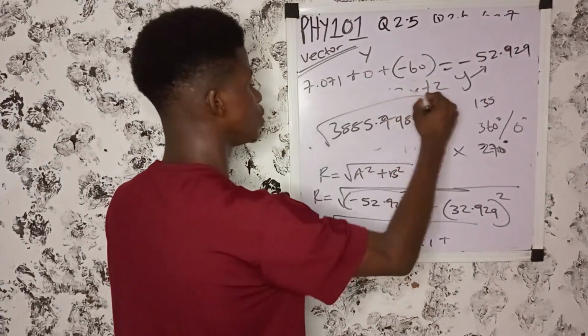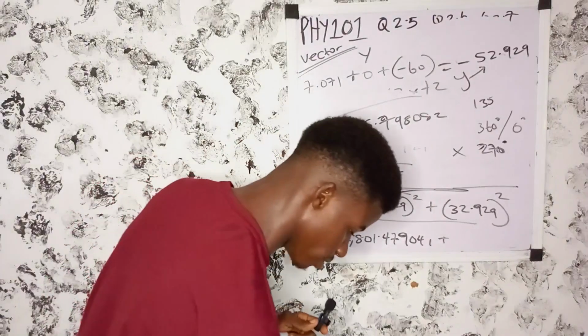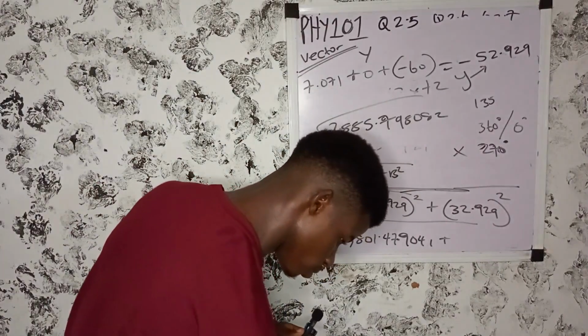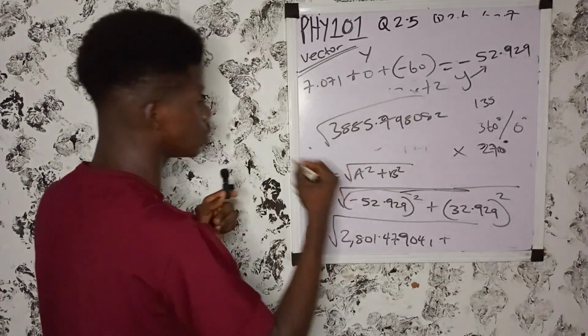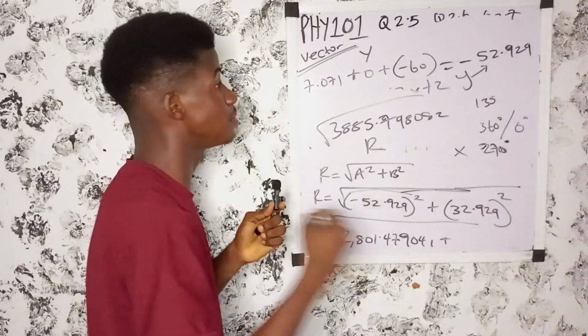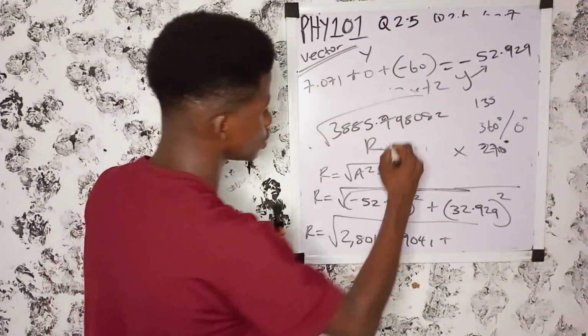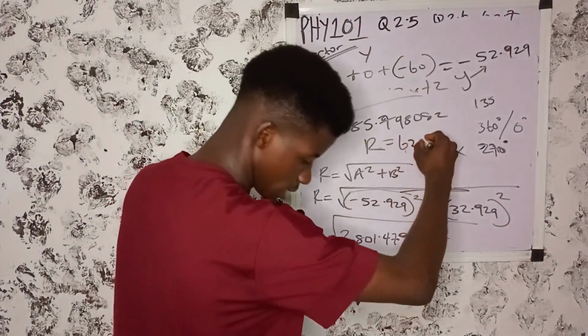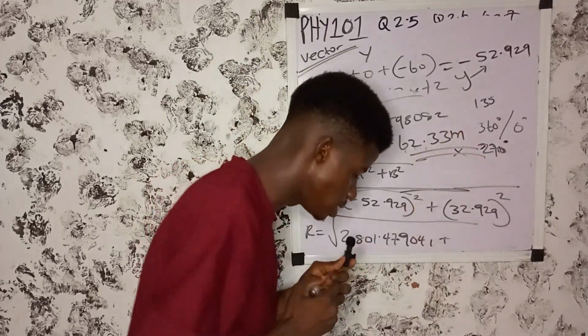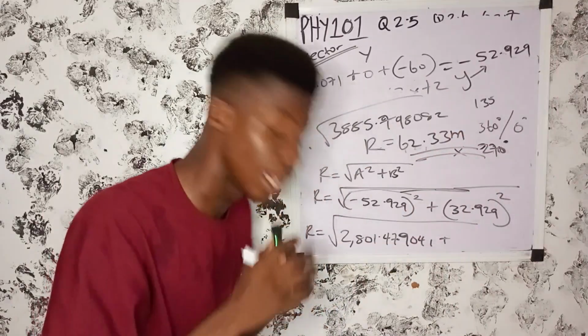If we take the square root of the whole value, our resultant, which is our final answer, the overall displacement that they ask us to look for, is 62.33 meters. So this is the answer.